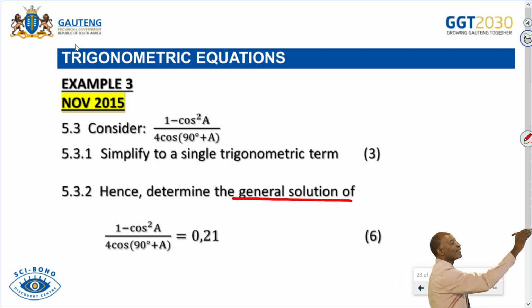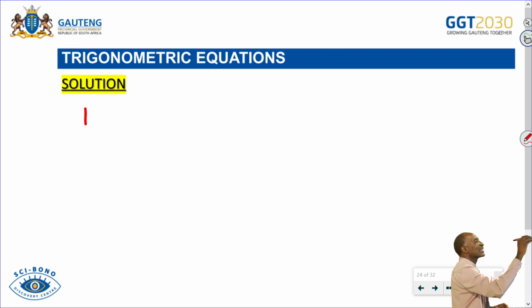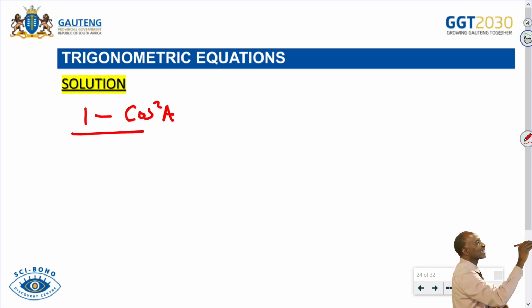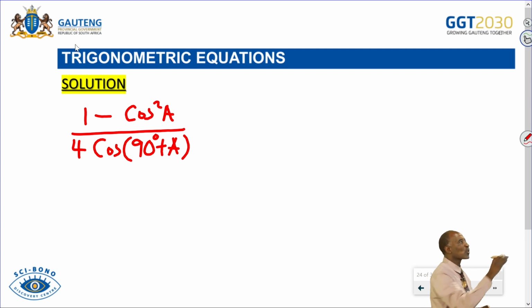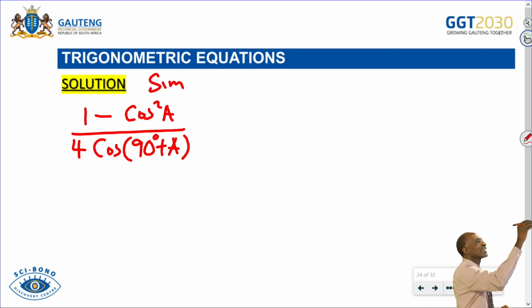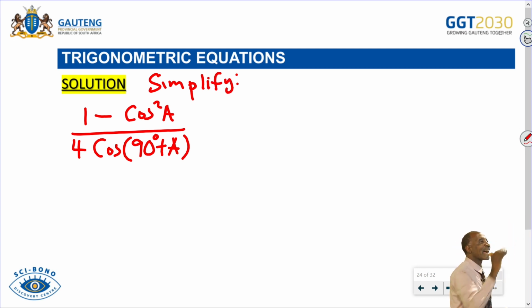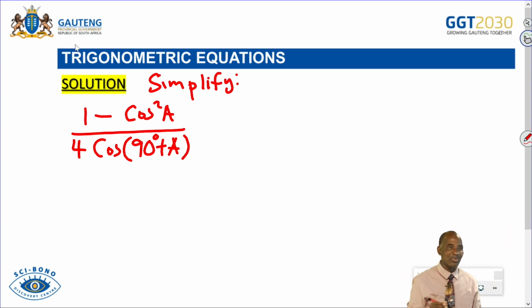We need to simplify 1 minus cos squared A. We want to simplify before we can talk of forming an equation. There is a reason why the examiner is saying simplify.